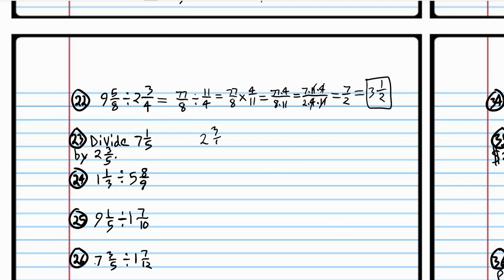Don't divide 2 3/5 by 7 1/5. That will not give you the right answer. You got to write this number first. Now the order of the wording is not always the same as the order of the actual operation, but in this case it actually is. Write this 7 1/5 first, and then divided by 2 3/5. Try this problem, and when you come back, we'll do it together.